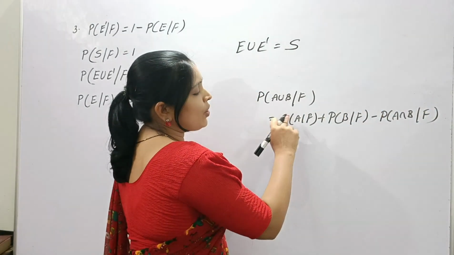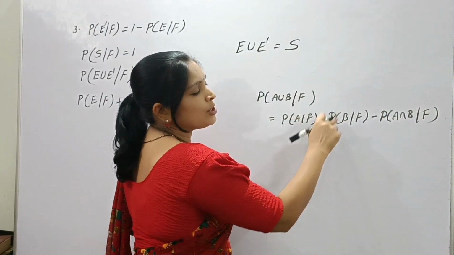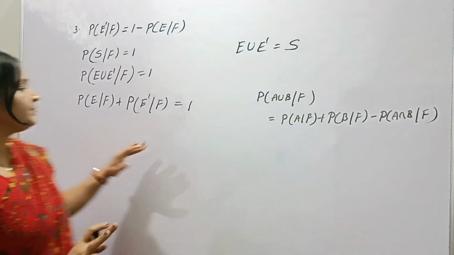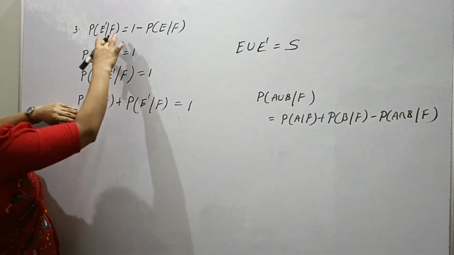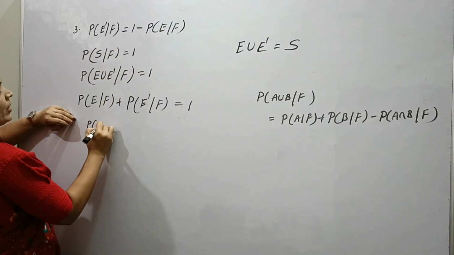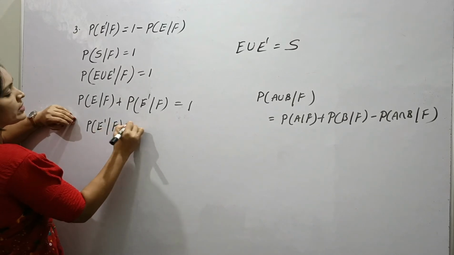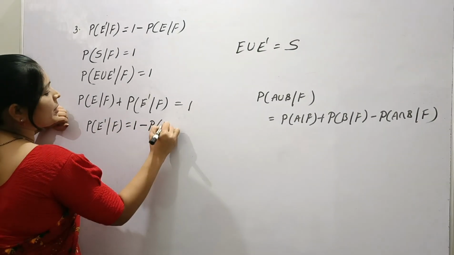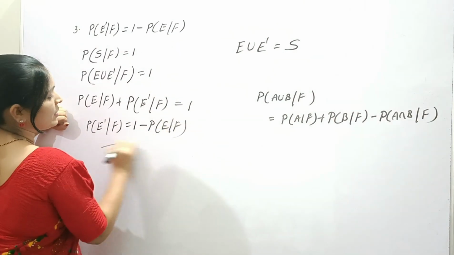So probability of E given F plus probability of E complement given F equals 1, and from this we can write probability of E complement given F is equal to 1 minus probability of E given F.